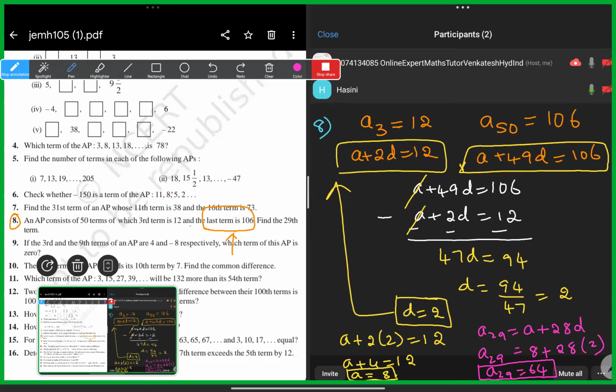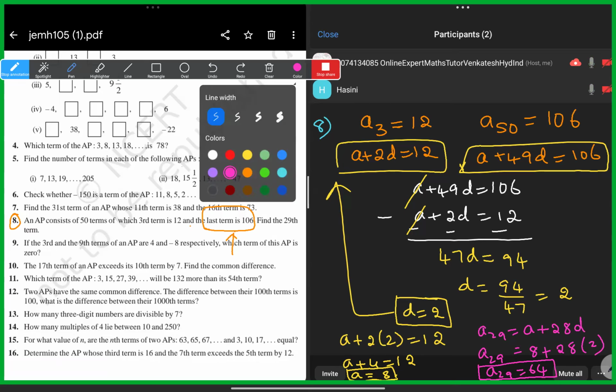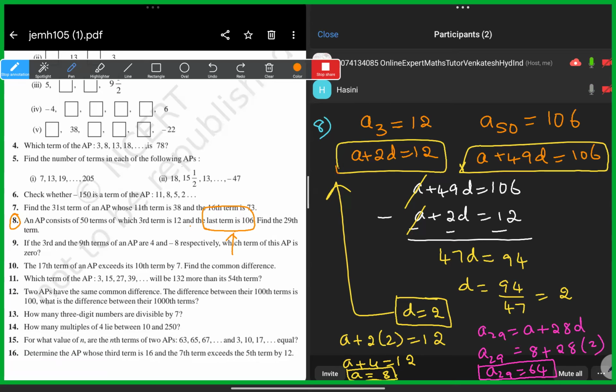So once could you tell me how A29 is equal to 64? I mean, A plus 28D. Okay. We just used it for A3. How we wrote A plus 2D here? We wrote A3 as A plus 2D in the starting.